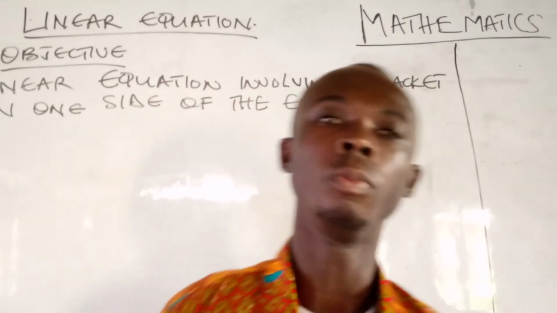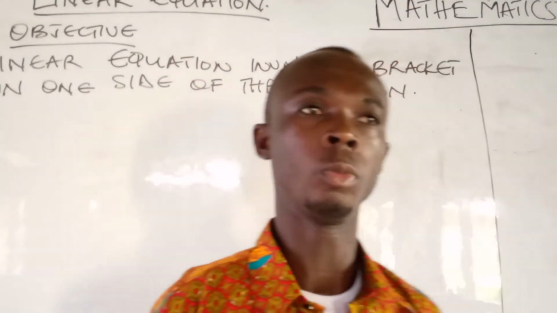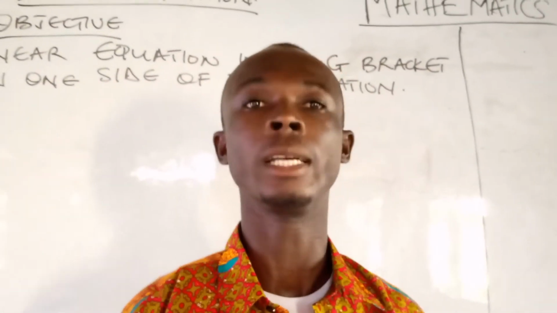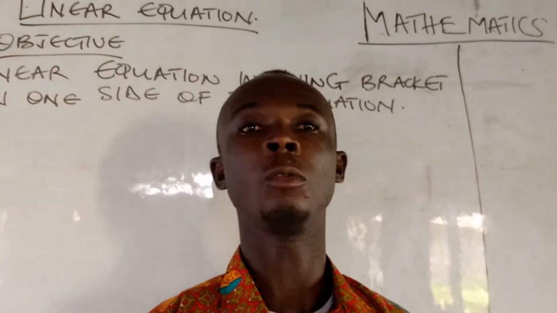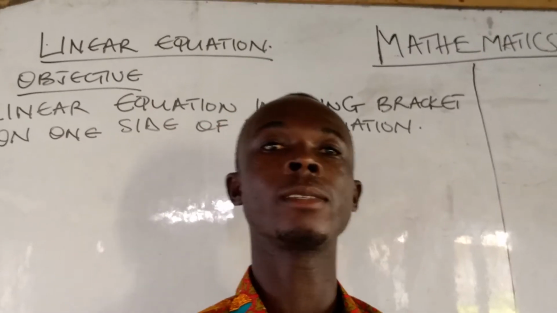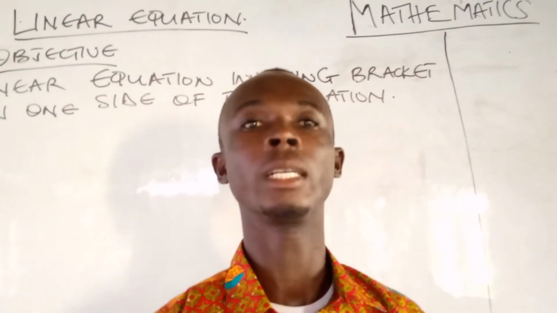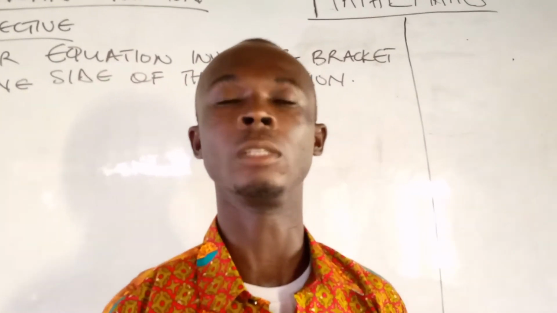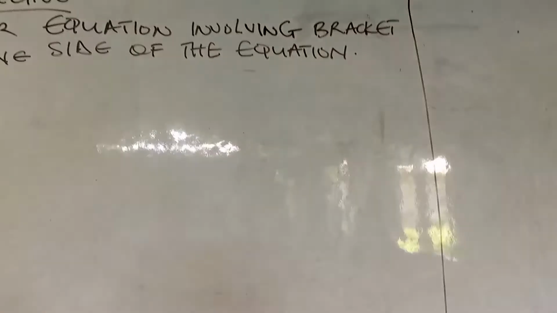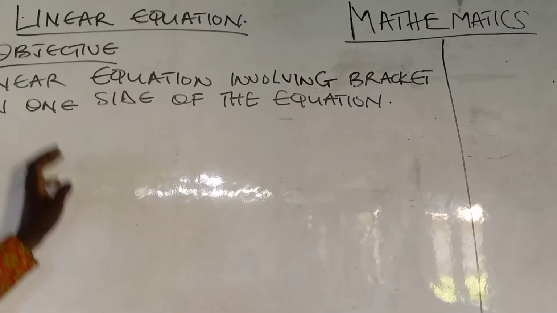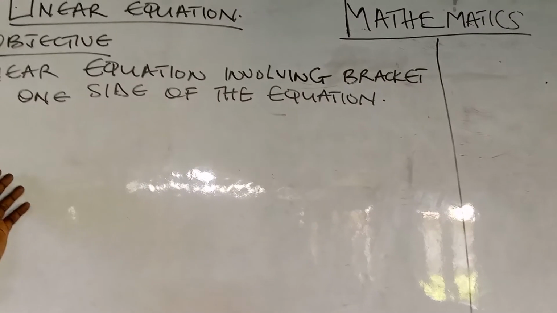But I want to break it into two, because once they do it general as linear equation involving bracket, it means it's linear equation involving bracket on one side of the equation and also linear equation involving bracket on both sides of the equation. But I have divided it into two main sections, so we will get two main types here.